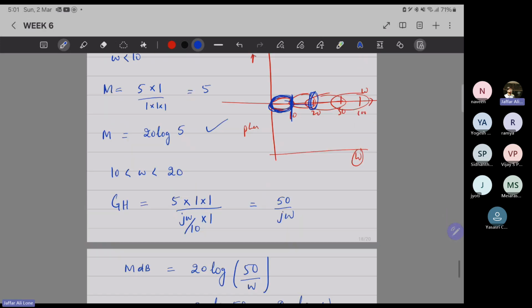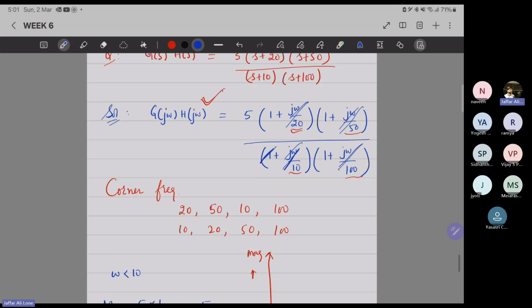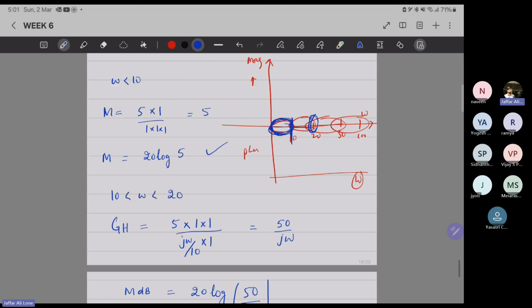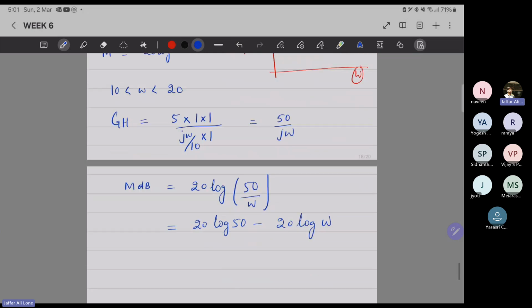So at 10 you have a pole. Whenever you have a pole, the contribution to slope is minus 20 dB per decade. So at this 10, now my slope will be minus 20 dB per decade. So yeah, this is my magnitude now.